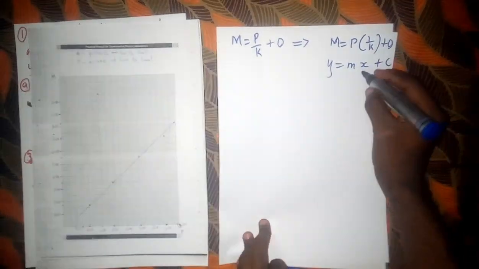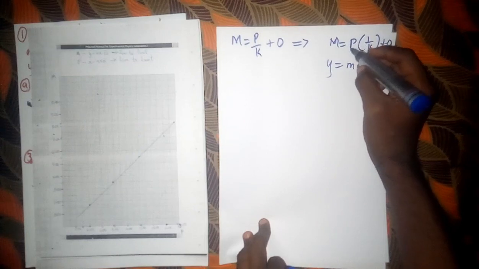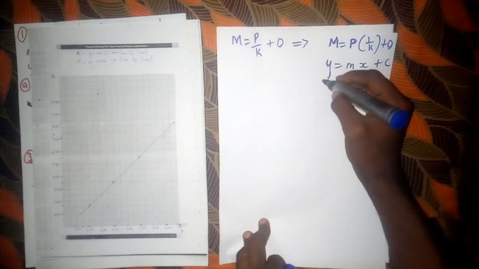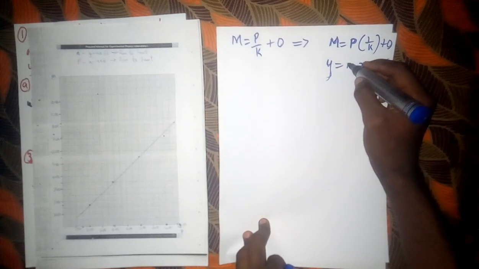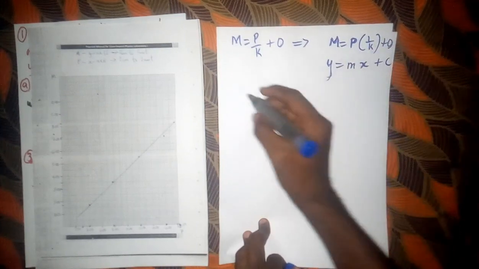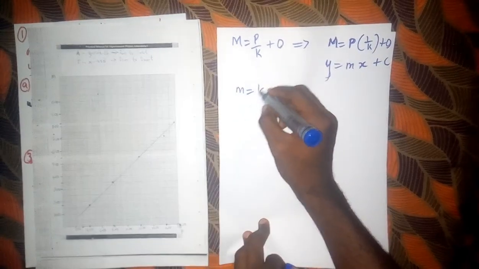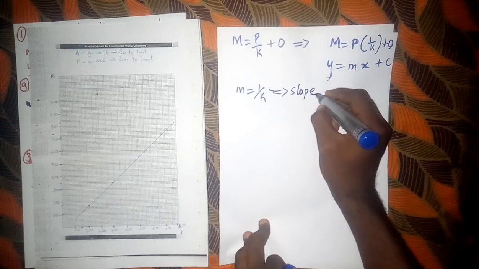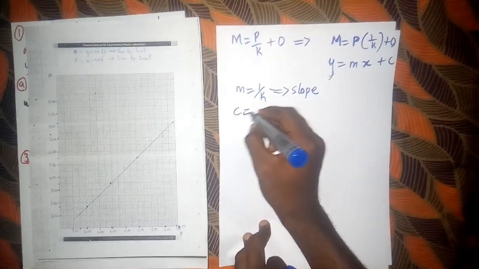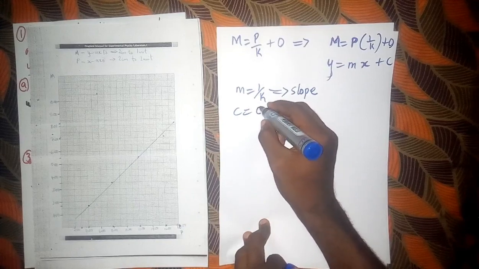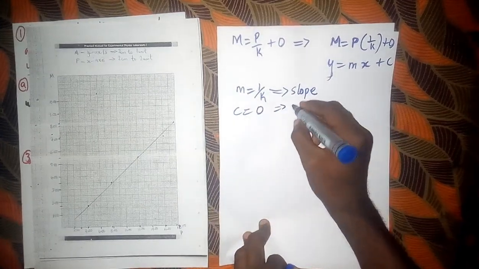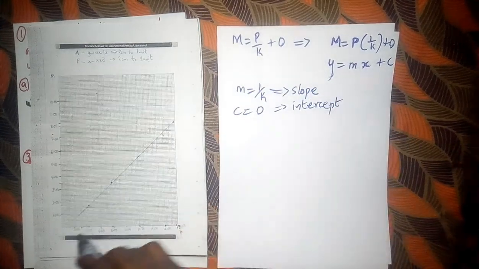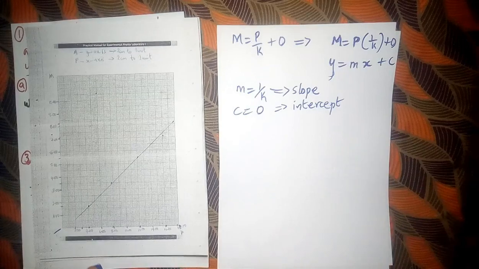Here p and m are variables, so the slope is 1 over k, and c goes to 0. This is our intercept. You'll see that the line is tending towards the intercept.